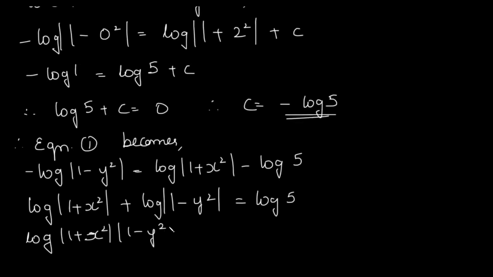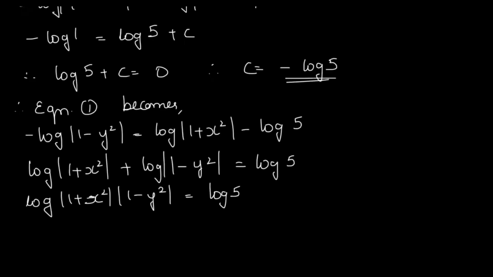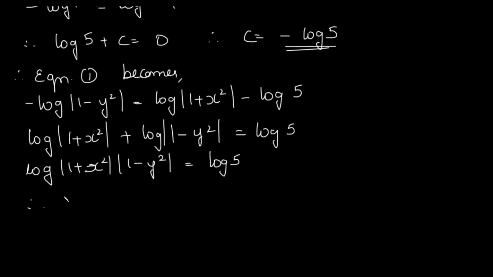Don't write a log again. That is equal to log 5. Now we can remove the log from both the sides, and therefore we get 1 plus x square into 1 minus y square is equal to 5. In the textbook it has been simplified till this particular step, so you are supposed to do this step.